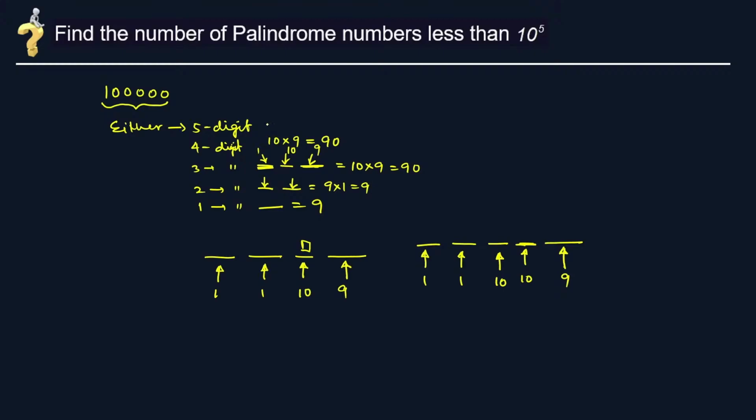Therefore, 5-digit palindromic numbers that will be formed are 10 into 10 into 9, which gives us 900. Therefore, the total number of palindrome numbers less than 10 to the power 5 will be 900 plus 90 plus 90 plus 9 plus 9. So that gives us how much?